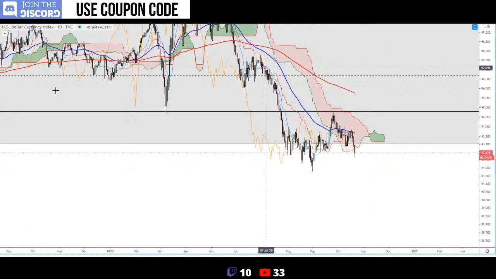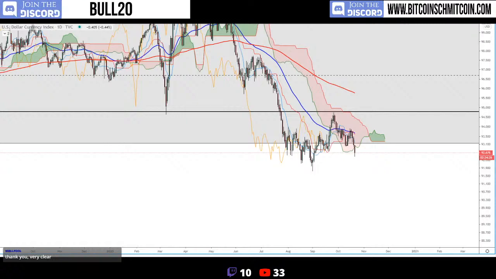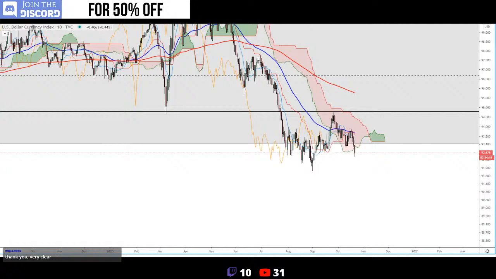Are your Ichimoku settings default? Yes, I just use the default settings. The doubled settings that Josh Olszewicz likes to use, they're fine. They just give you kind of delayed signals. And both the default and the doubled settings have their merits for their own use cases.